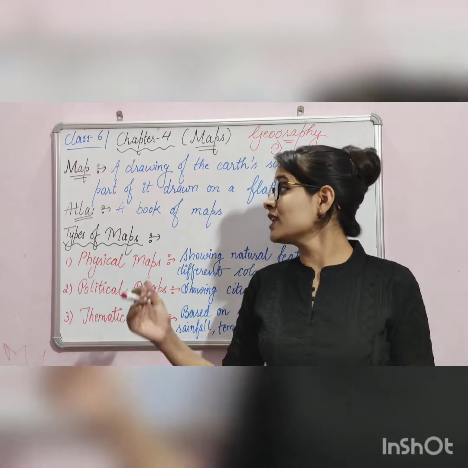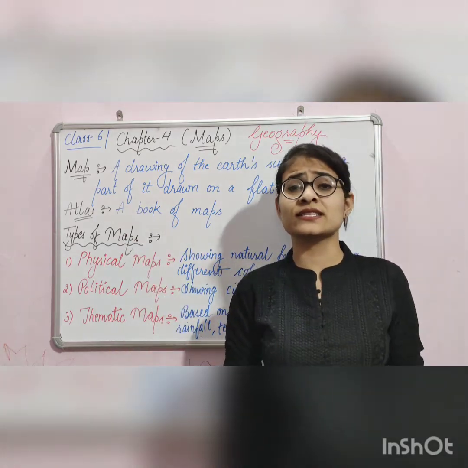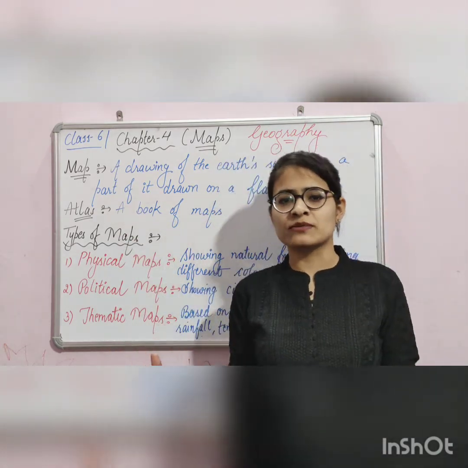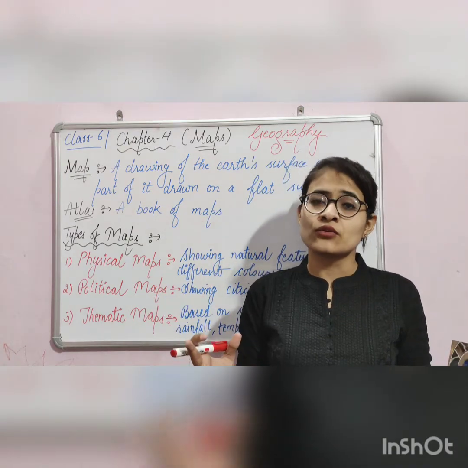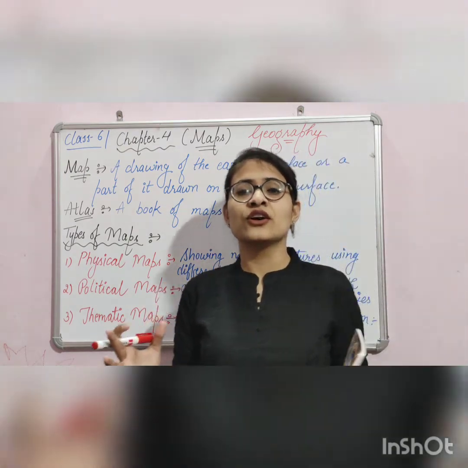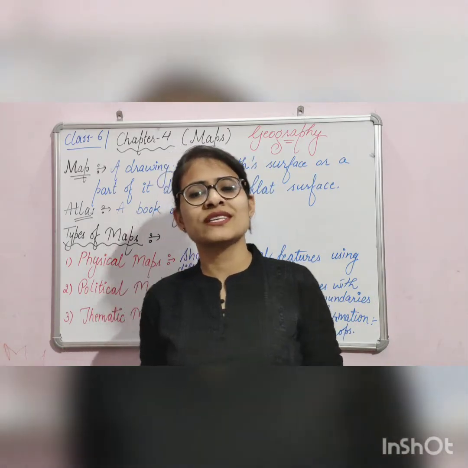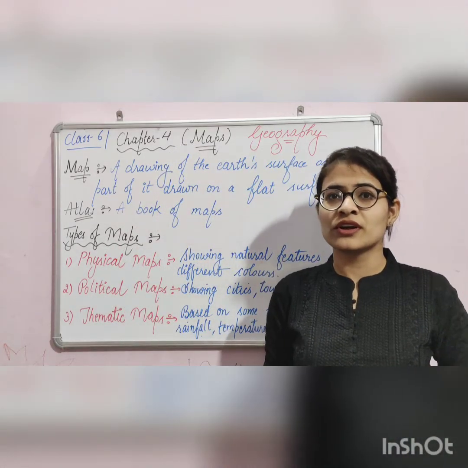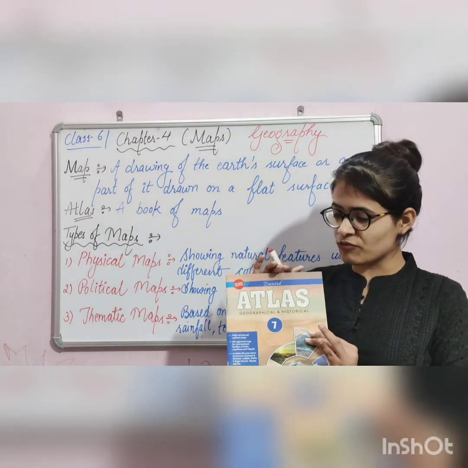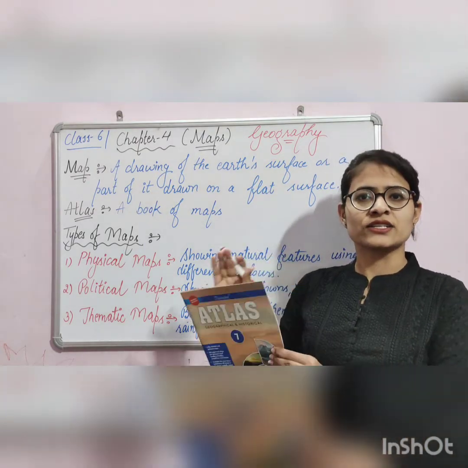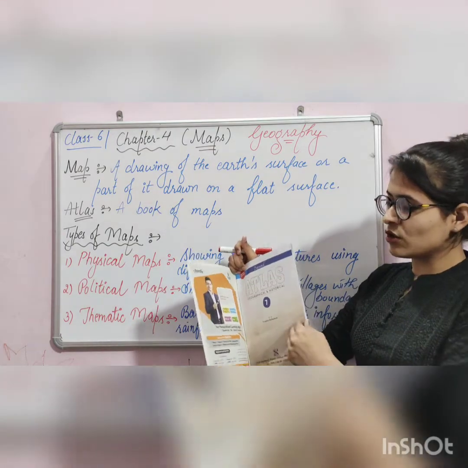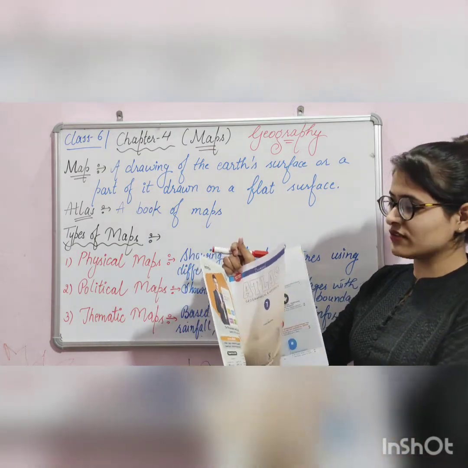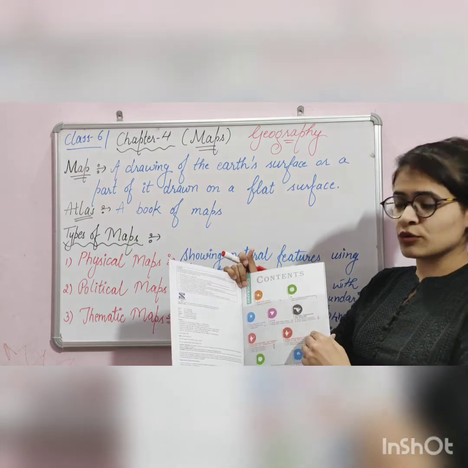So what is an atlas? An atlas is a book of maps. It means when many maps are put together, we get an atlas. This is a book of maps, which is called an atlas. All the maps are given in this book.